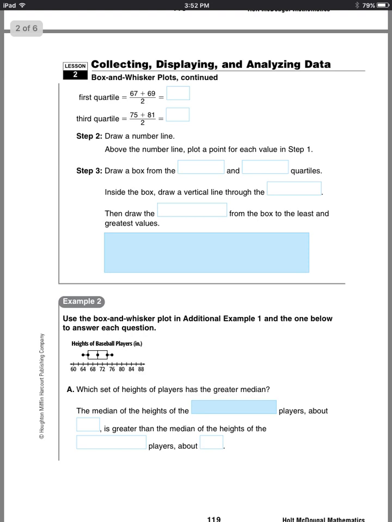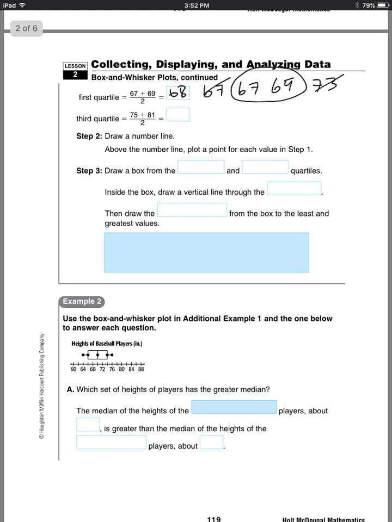So remember, we had for our lower set of values 67, 67, 69, and 73. So we take our middle numbers, which in this case are two, add them together, divide by 2, and we get 68.